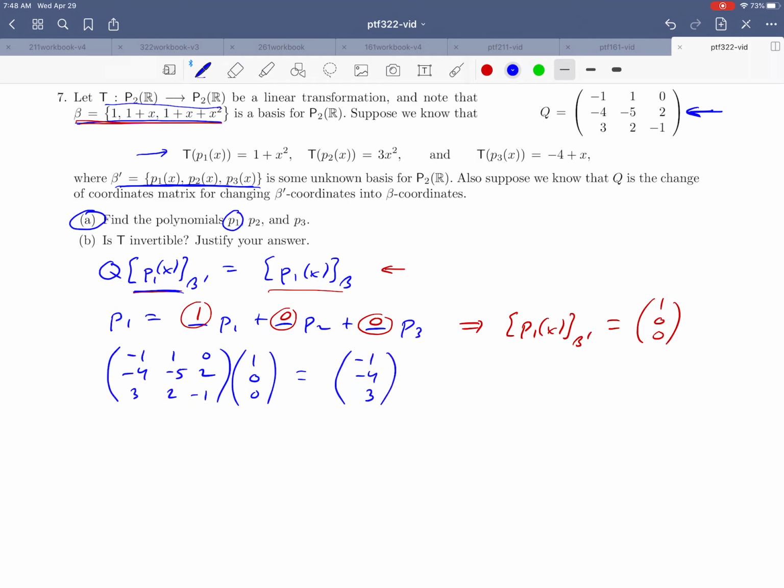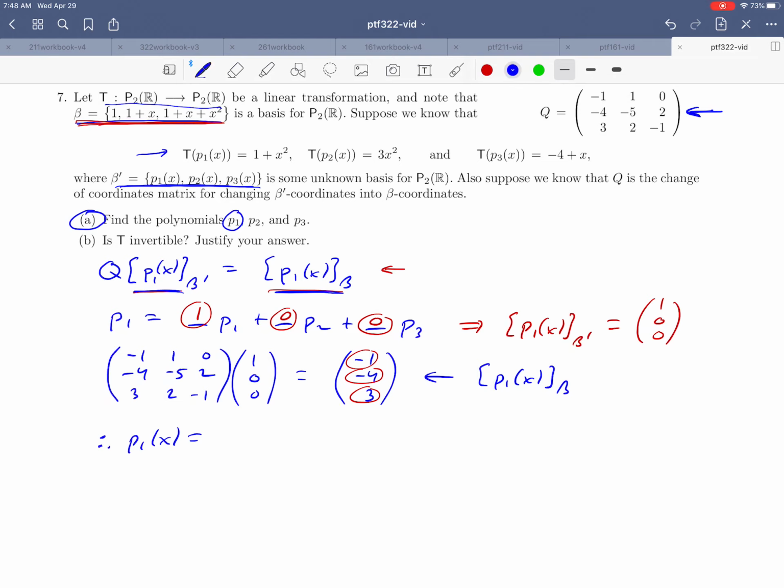What have we just calculated there? We just calculated the right-hand side, which is the coordinate vector of p1 relative to the basis that we do know. And that gives us a way to figure out what p1 is very concretely. These three numbers are just coefficients on the basis beta.